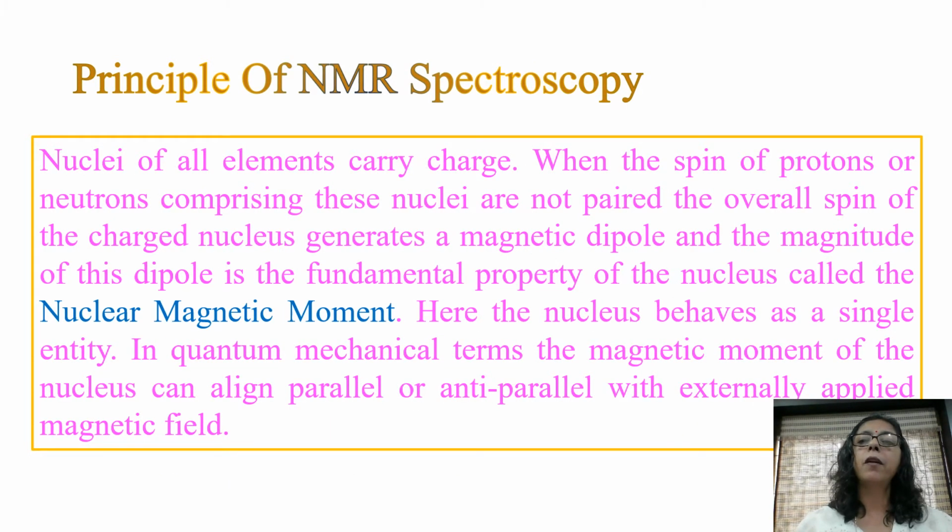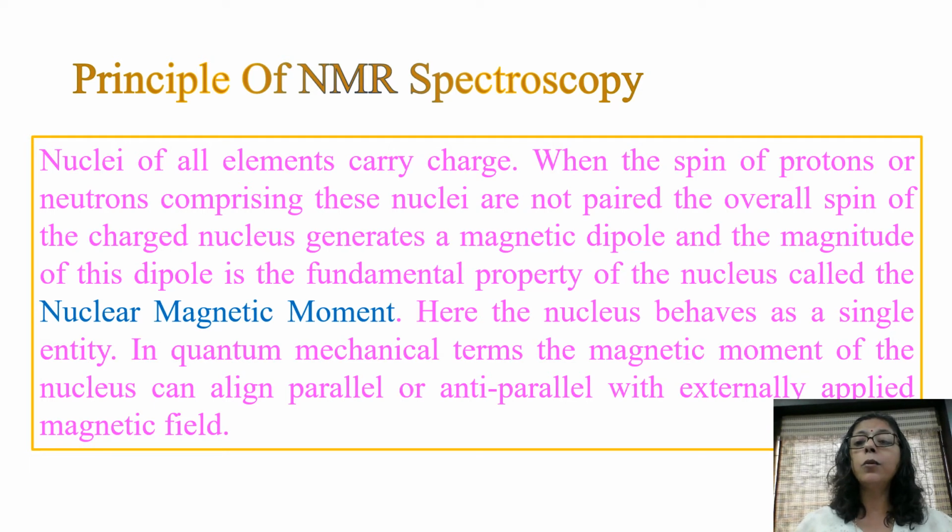What is the principle of NMR spectroscopy? Nuclei of all elements carry charge. Do you know the charge on the nucleus? Yes, the nucleus is positively charged. When the spin of protons or neutrons comprising these nuclei are not paired, very important, the overall spin of the charged nucleus generates a magnetic dipole, and the magnitude of this dipole is the fundamental property of the nucleus called the nuclear magnetic moment.